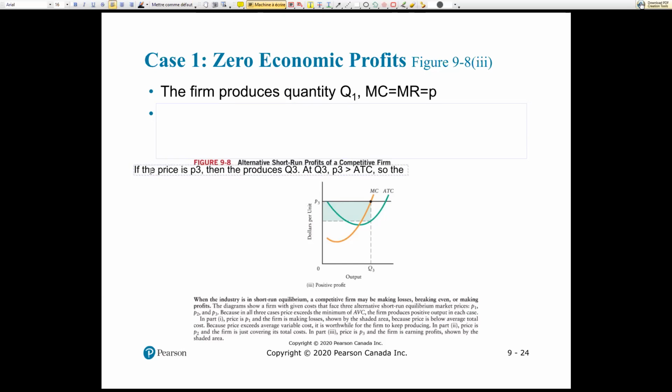So the firm makes a short run positive profit.